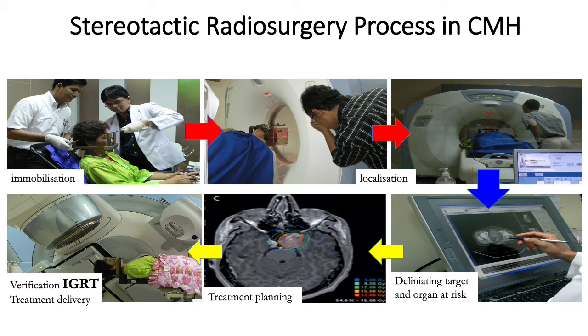Stereotactic radiosurgery, or SRS, is a radiation procedure given in a single time using very high dose. So it needs to be delivered in very high accuracy and precision. In the past, we delivered this SRS technique using a rigid frame called a Leksell G frame, as shown here, as an immobilization device screwed to the skull to make sure that there will be no patient movement during radiation delivery.